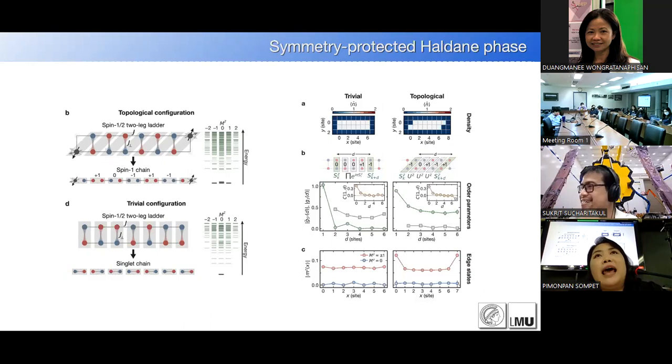So we plan to load an optical tweezer array into the system. So we're going to trap individual atoms in individual optical tweezers. We would like to see that we can trap a single atom array.